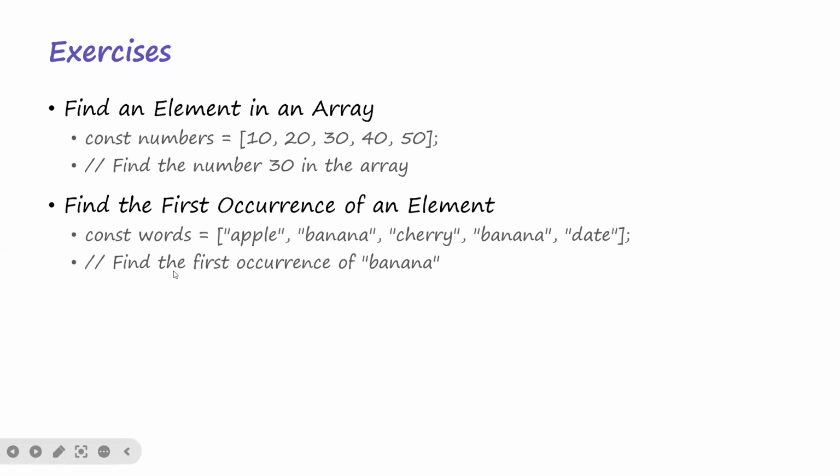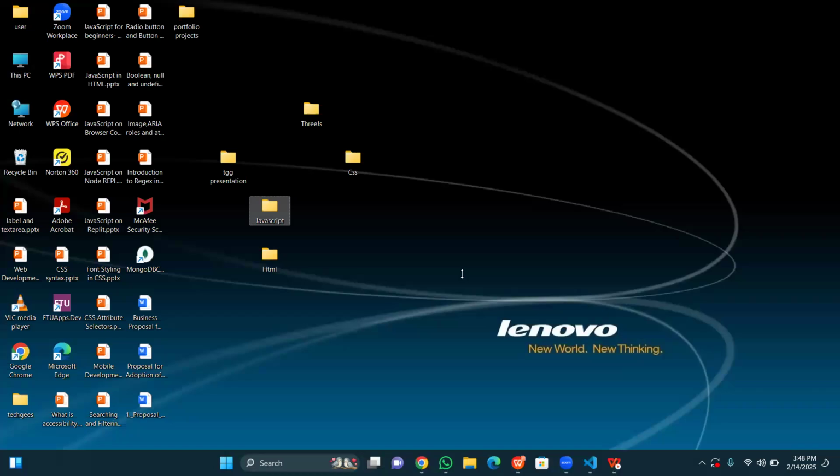The second exercise says find the first occurrence of an element. We have apple, banana, cherry, banana, date. If you can see, we have two bananas here, so we were asked to find the first occurrence. Of course, we'll still use the find method, but remember the find method will give you the first occurrence.